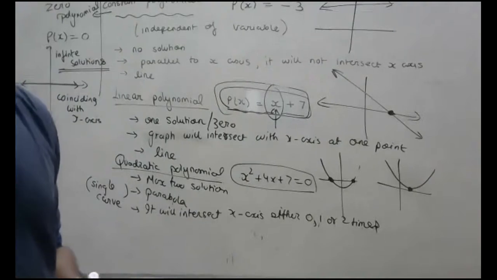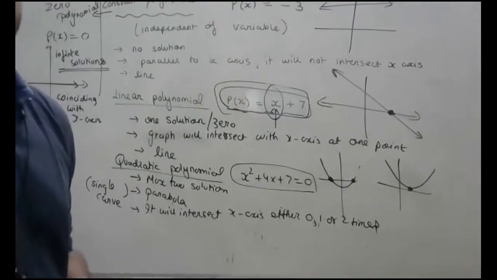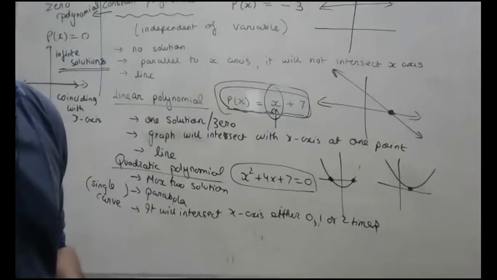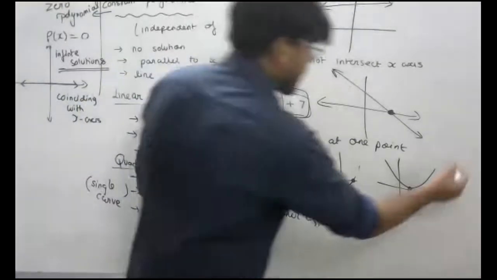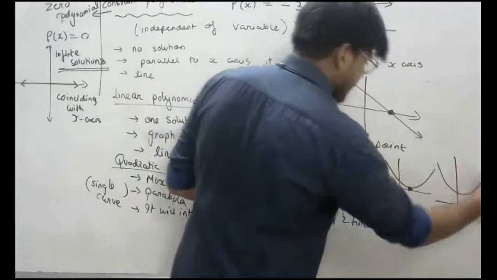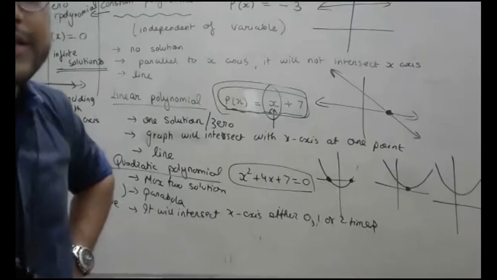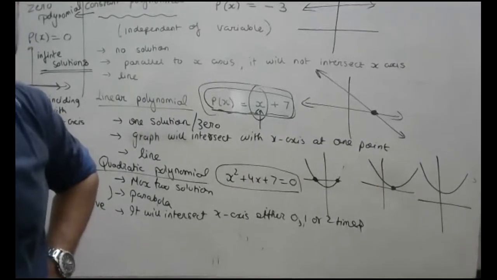Now, next thing we can have is this type of graph, where it is not intersecting the x-axis at all. No solution.